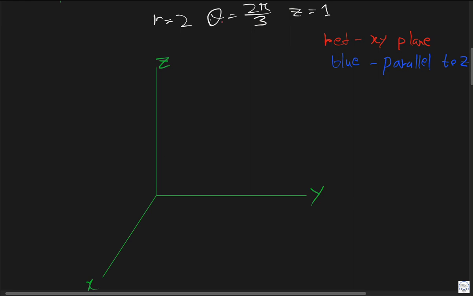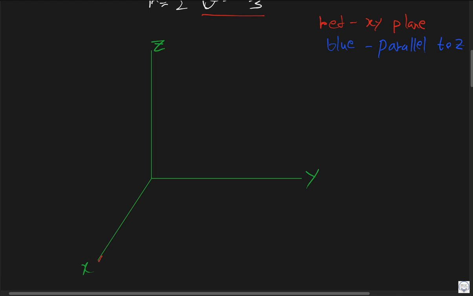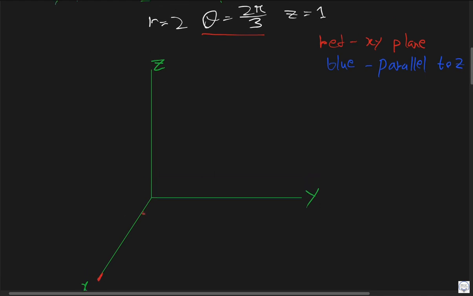First we note that our angle starts from the positive direction of the x-axis, which is here. We go 2 pi over 3 radians. So this is pi over 2, and a little over that is 2 pi over 3. So it's somewhere along here.